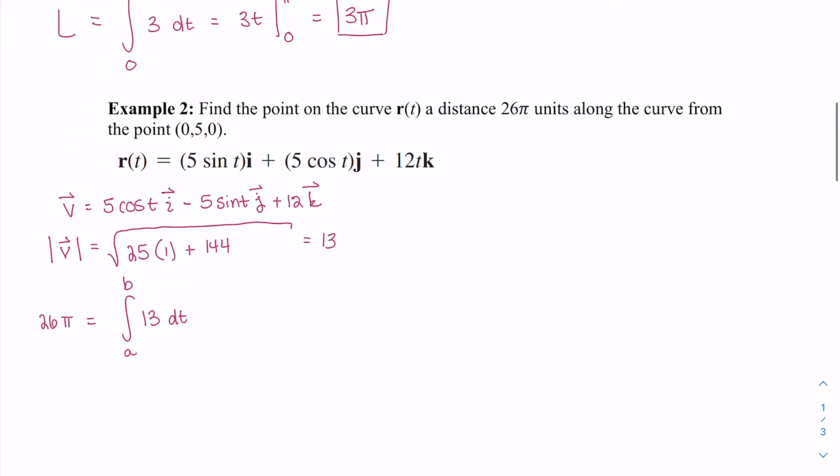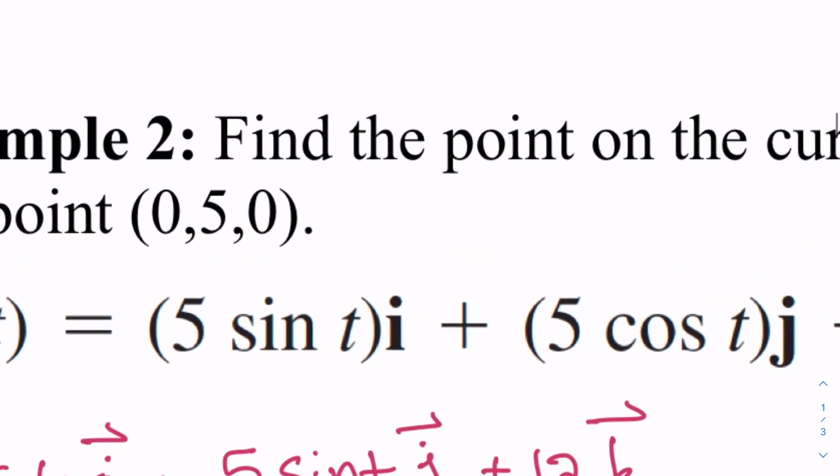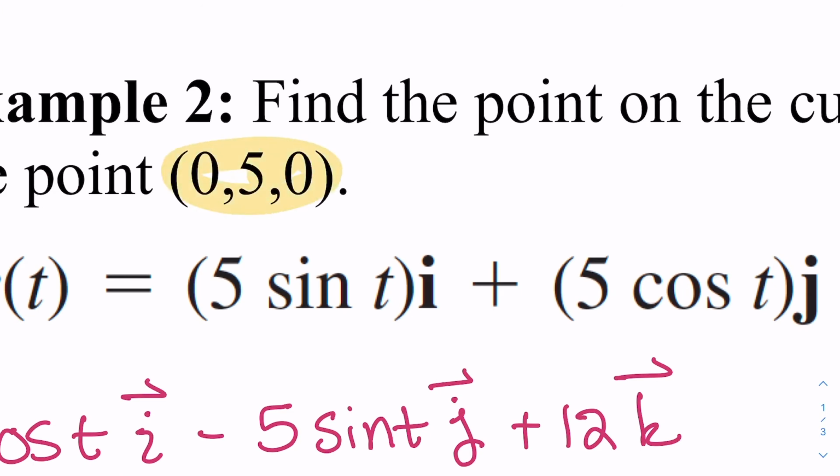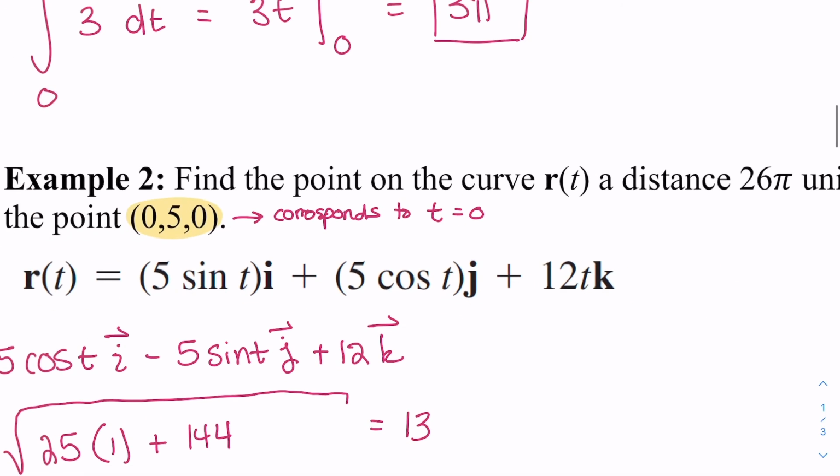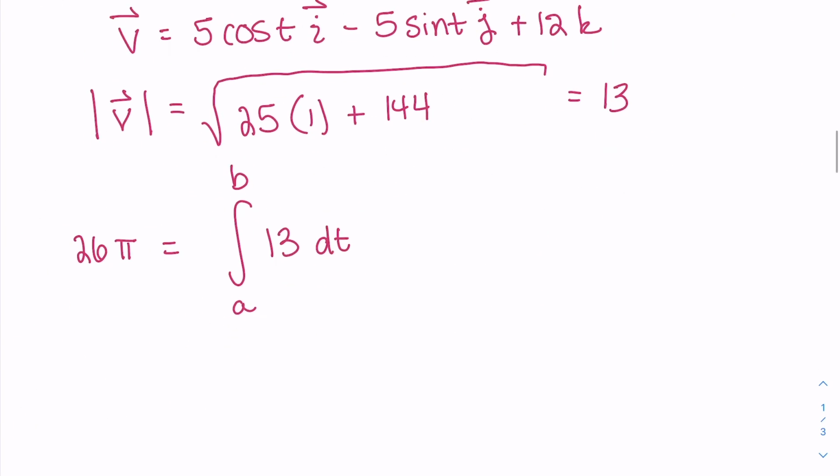The starting point is 0, 5, 0, which corresponds to plugging in 0 for t. So this 0, 5, 0, that initial point corresponds to a t value of 0. So we know our lower t bound is 0.